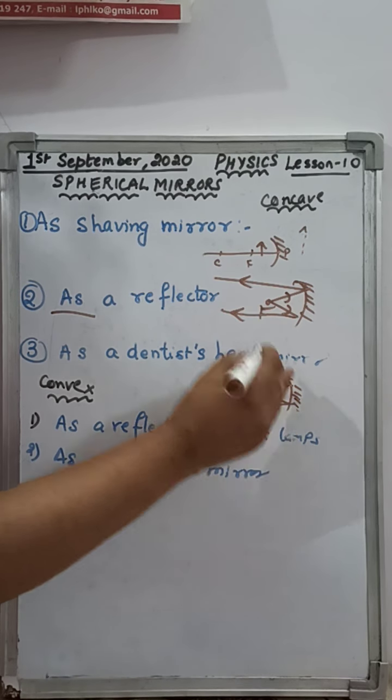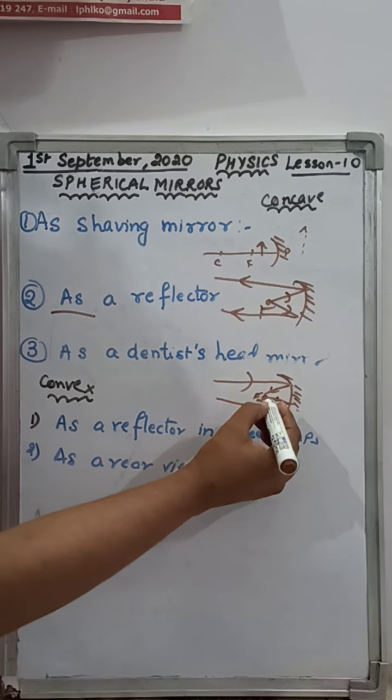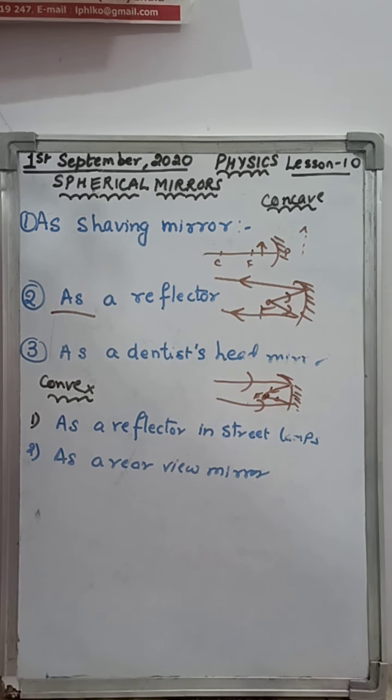That enables the dentist or doctor to concentrate the light beam on a small area. He can examine easily your nose, throat and teeth. That's why the concave mirror is used by the dentist.